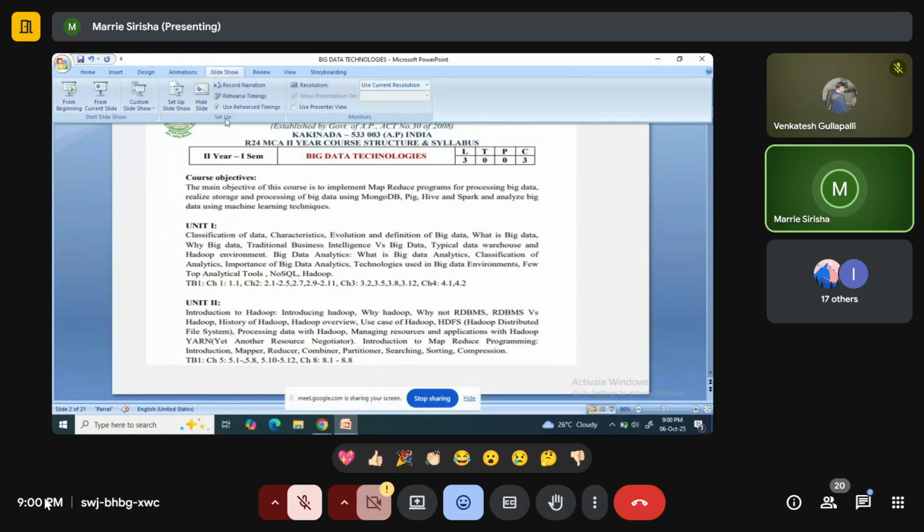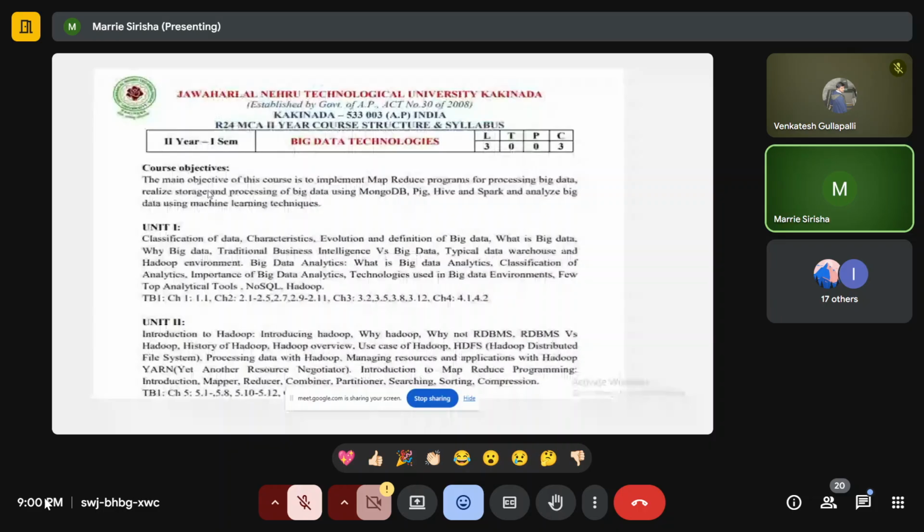So tomorrow we are going to discuss big data analytics. Like, what is big data analytics? Today we have discussed only big data, not analytics. Tomorrow we are going to learn about analytics and the classification of analytics, how we classify analytics, the importance, why we are classifying big data analytics, what technologies are used in the big data environment, and a few top analytic tools.